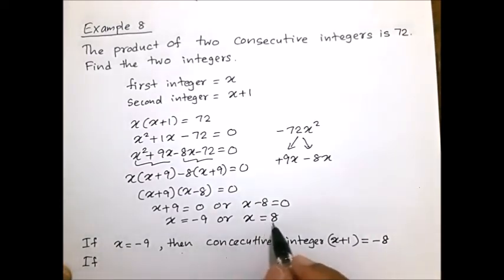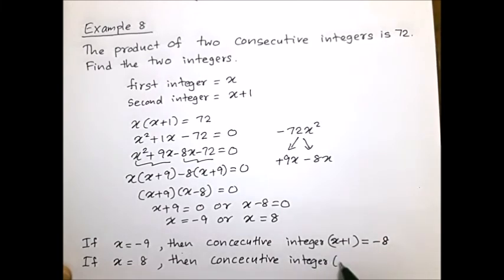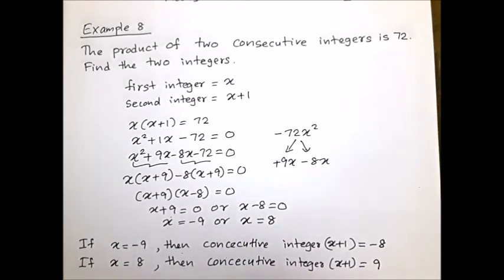If you take 8 as the first integer, x equals 8, then the consecutive integer is x plus 1. Add 1 here, it is 9. So in this question, there are two pairs of answers. If the first integer is minus 9, then the second integer is minus 8. If the first integer is plus 8, the second integer is 9. Both answers are correct. You have to write both.